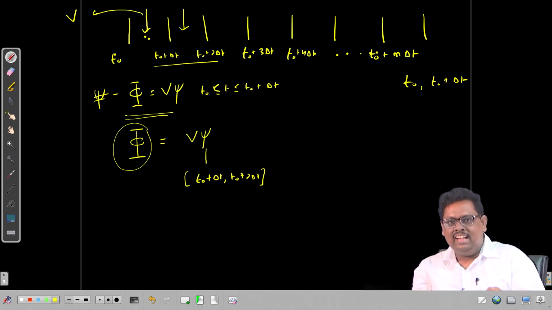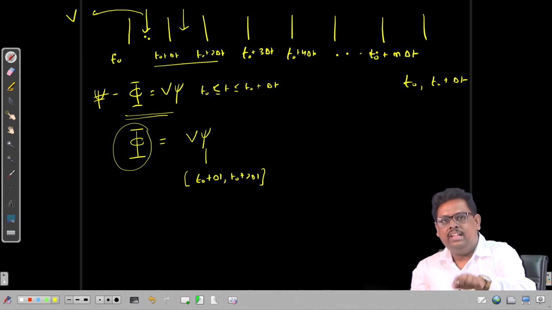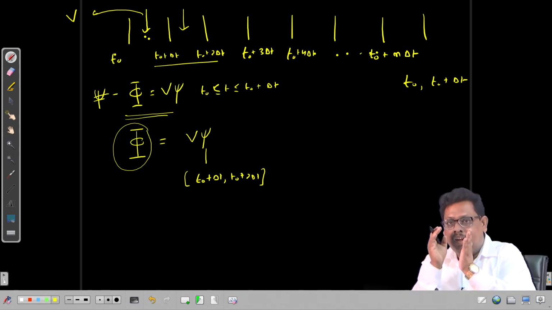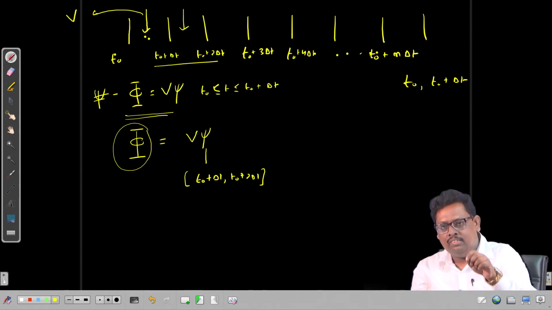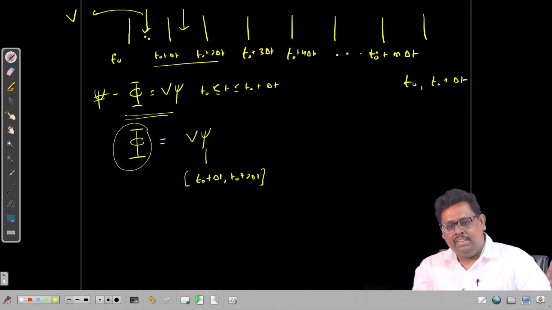Now, the thing is that I throw again a stone in the time interval t 0 plus delta t comma t 0 plus 2 delta t. However, that wave is not the sole wave, because this total potential also has an effect from the wave when I threw a stone in t 0 comma t 0 plus delta t.